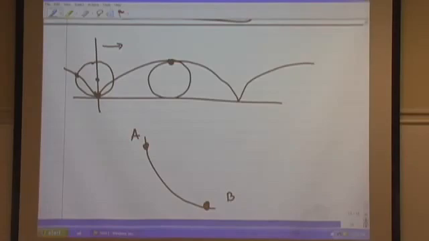So this is a famous variational problem, and it was of course solved, I don't know, 16th century, 17th century. It's a long time ago.